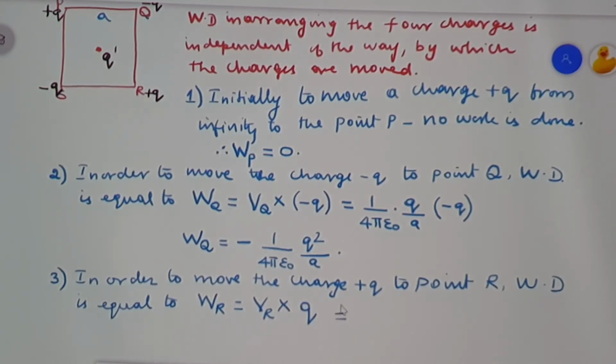So what is the value of potential at R? First of all, I am calculating the potential at R due to P. So what is that? 1 divided by 4 pi epsilon 0 into Q divided by the distance. What is this distance?